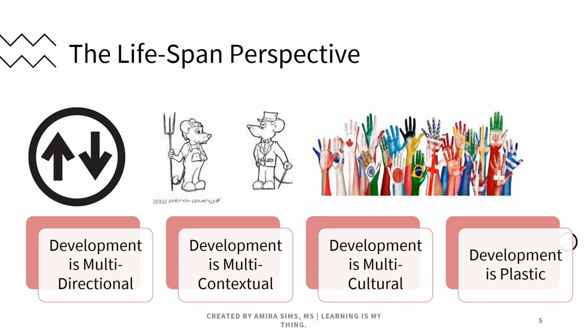Another example would be growing up in a single parent household compared to growing up in a household where the mother and father are married or cohabitating. Each of these different contexts will again shape development. We'll come back to talking about development being multi-contextual on the next slide when we talk about Bronfenbrenner's ecological theory.